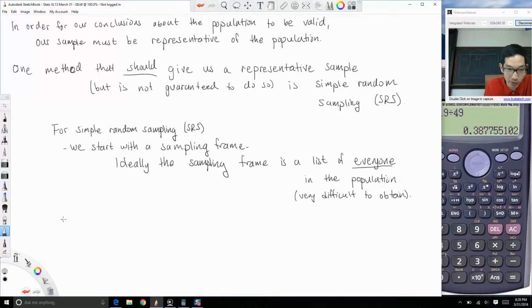Okay, and then all we do is select individuals one by one at random from the sampling frame.